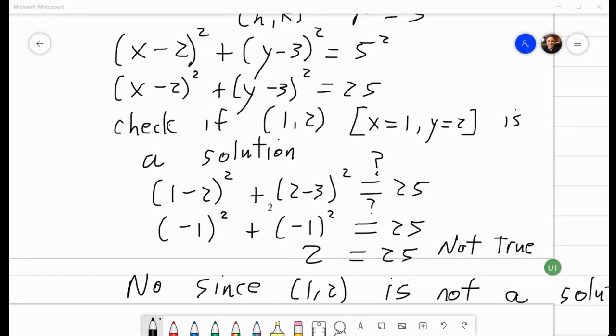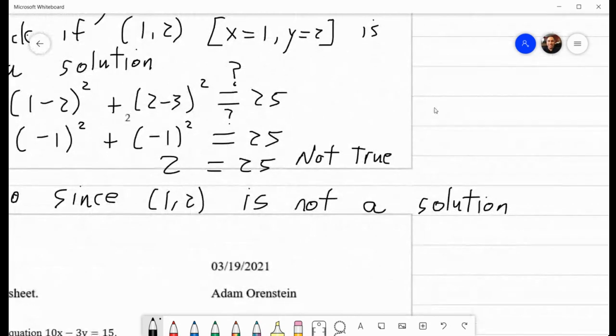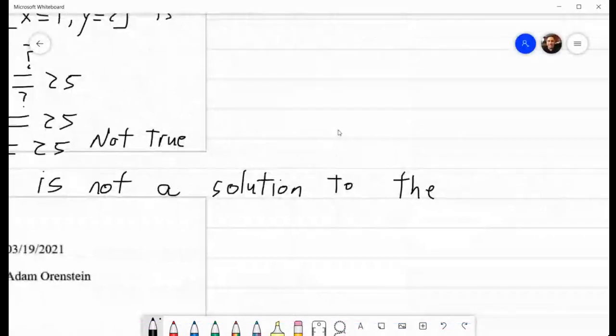Let me move that so you can see it. There we go. That should do it.